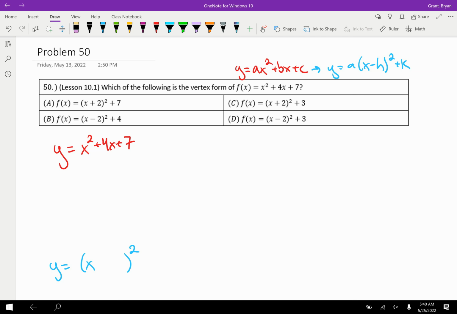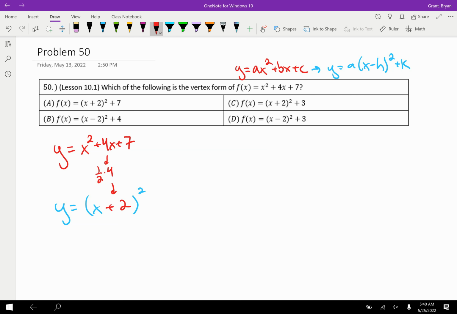We've done this enough times now that hopefully you're comfortable realizing that the number inside of here is just going to be half of that b term every time. So I'm just going to take half of 4, and that's going to give me a positive 2.